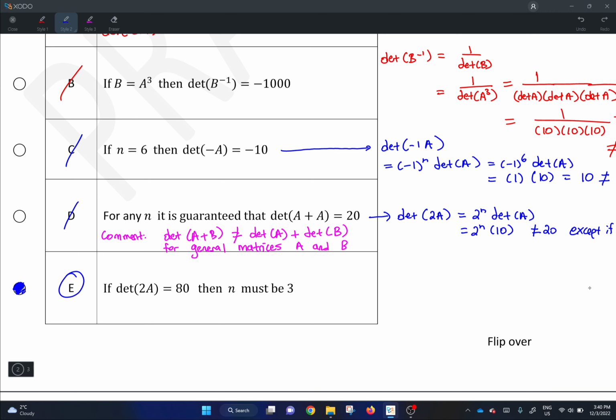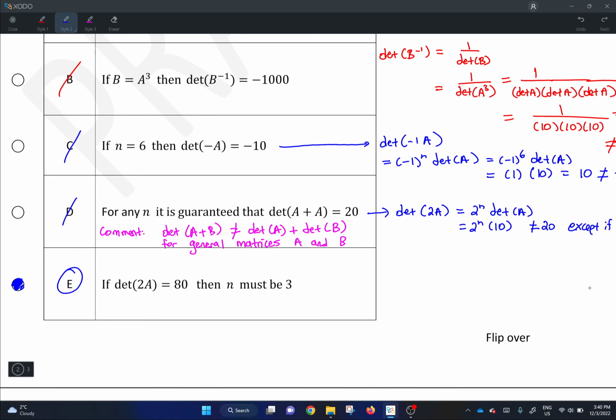But let's make sure that it's actually correct. If the determinant of 2A is equal to 80, then n must be 3. Let's check it the other way around. Determinant of 2 times A is 2 to the n times the determinant of A. And it says the determinant of 2 times A is 80.